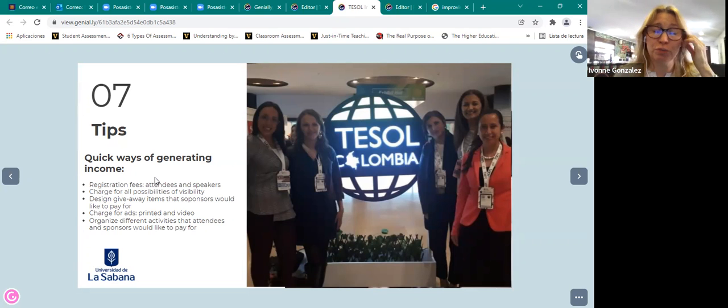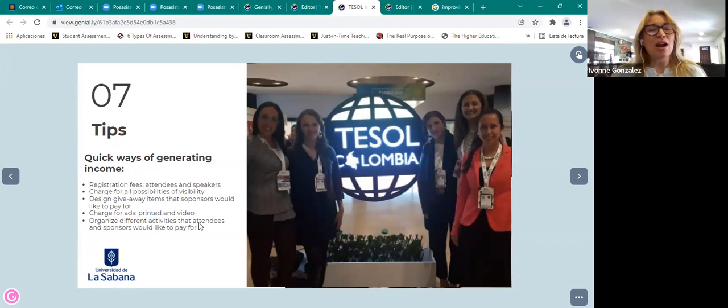That makes a change, believe me, because when you see the programs, you see that you have many speakers. And if you're not going to charge them, you're losing the opportunity to make some money to help the association continue running.